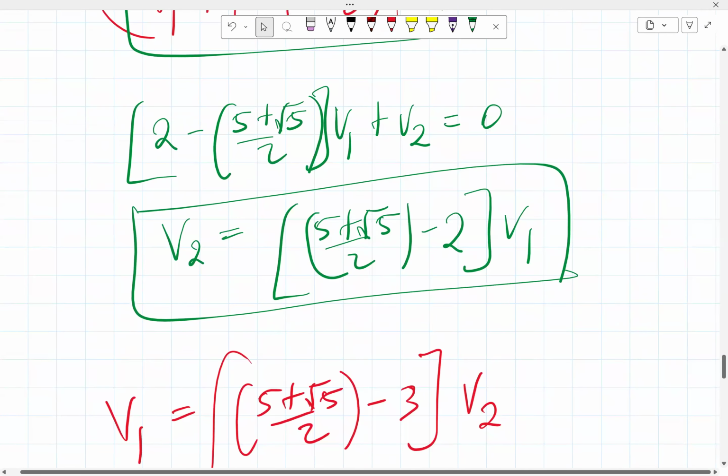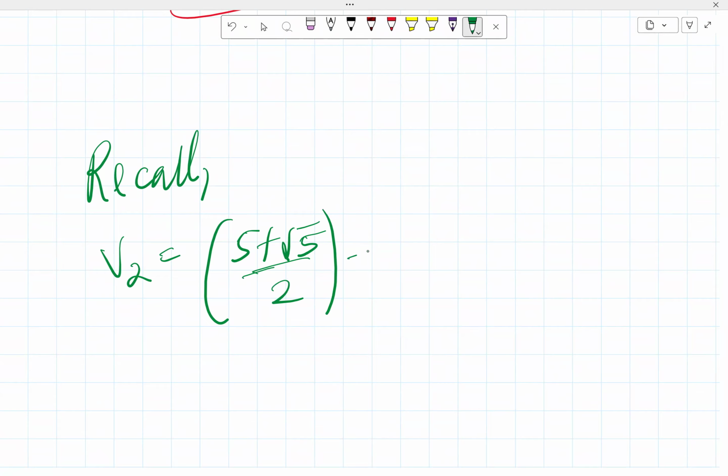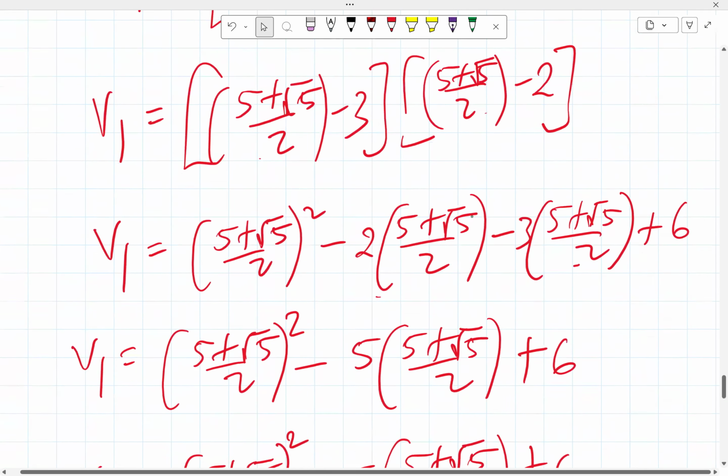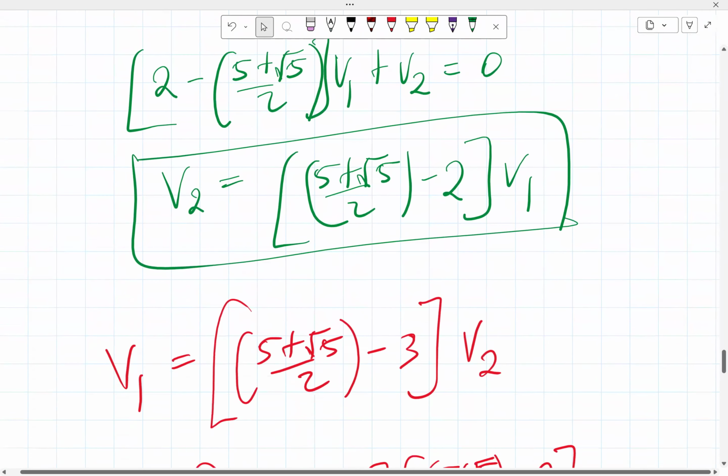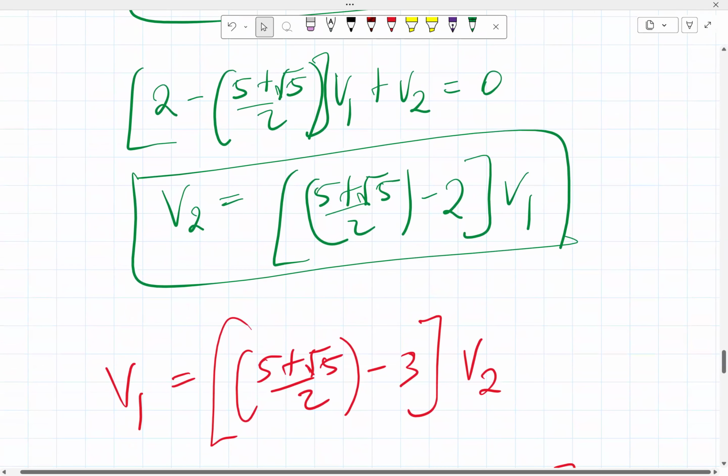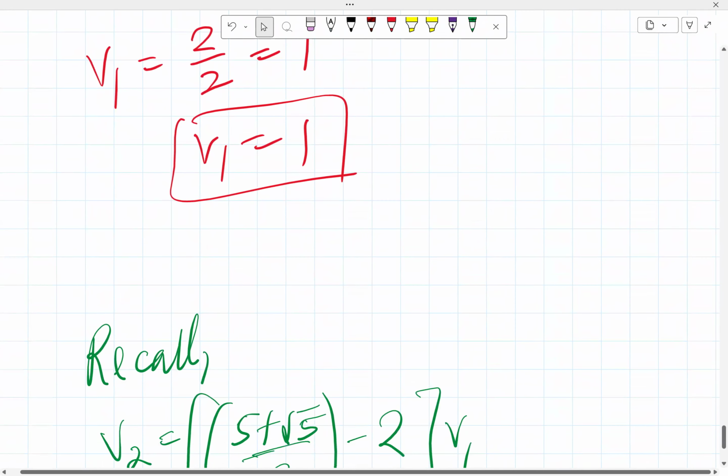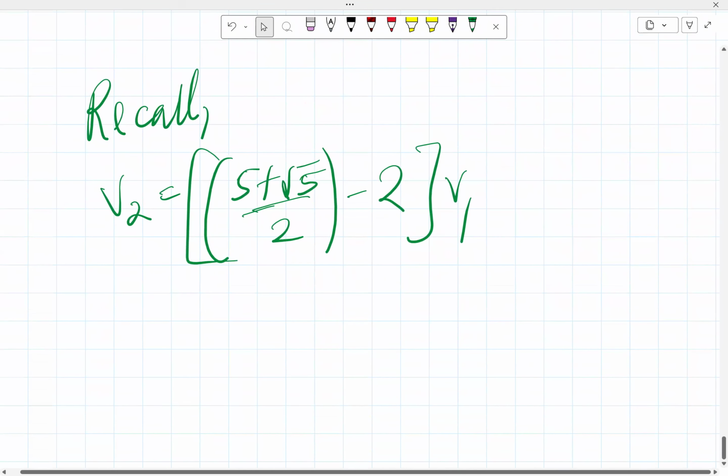5 plus root 5 over 2 minus 2 multiplied by V1. That's what V2 is. V1 is 1 already, so we just fix it up.